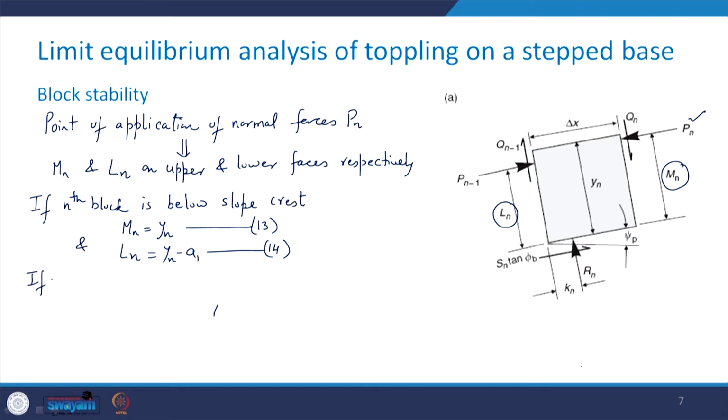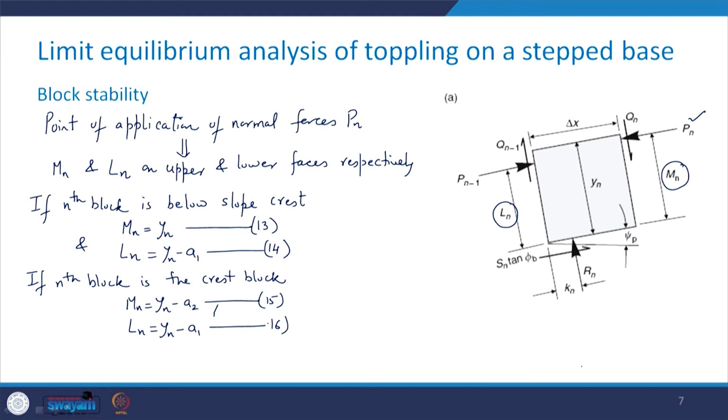Now, if this nth block is the crest block itself, then in that case Mn is going to be Yn minus A2. This will be equation number 15, and Ln will be Yn minus A1. This is equation number 16. And then we have the third case, where this nth block is above the crest.